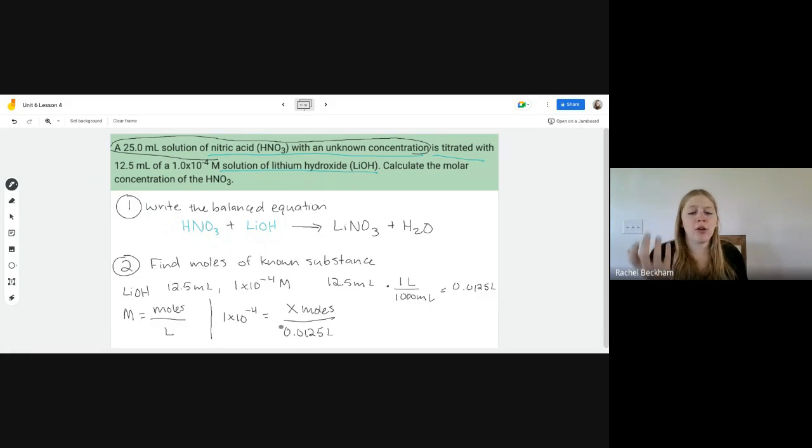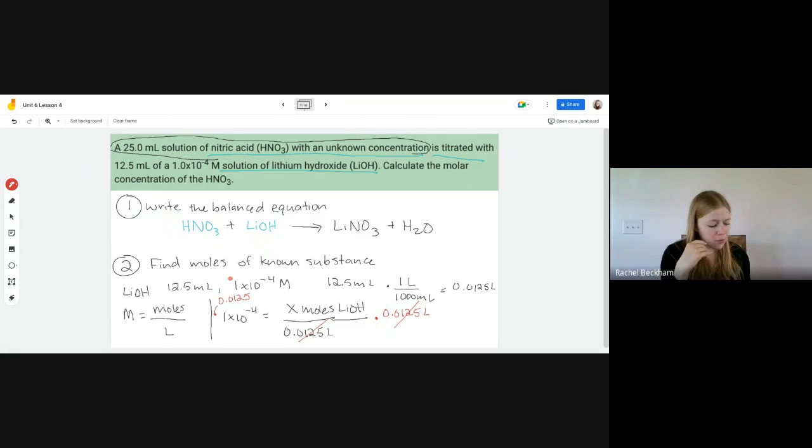So we need to solve for X, and this is moles of our known substance, which is LiOH, right? We need to get that by itself. Right now it's being divided by 0.0125. So to undo that division, we can multiply by it, because see how that's on top and that's on bottom, so it'll cancel out. And then what I do to that side, I also need to multiply on this side.